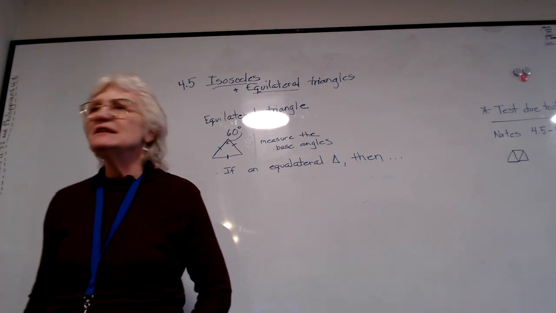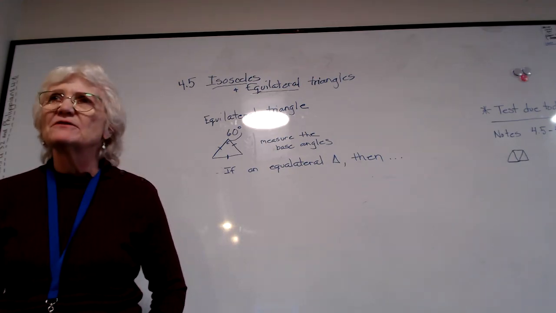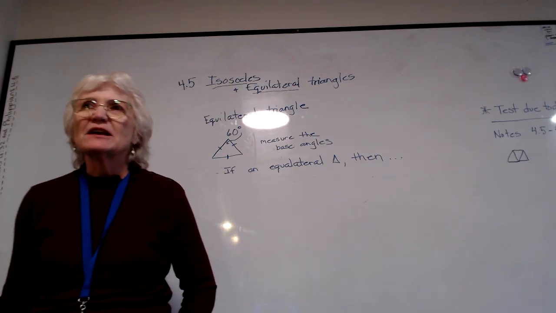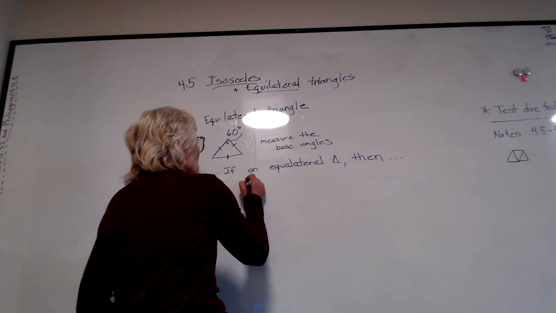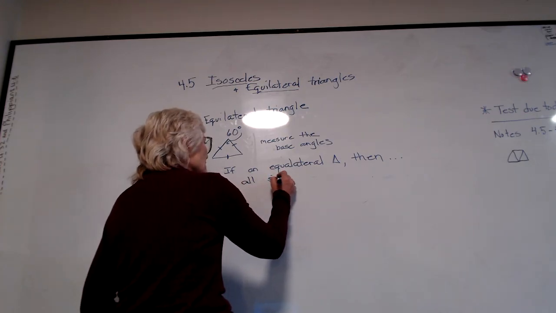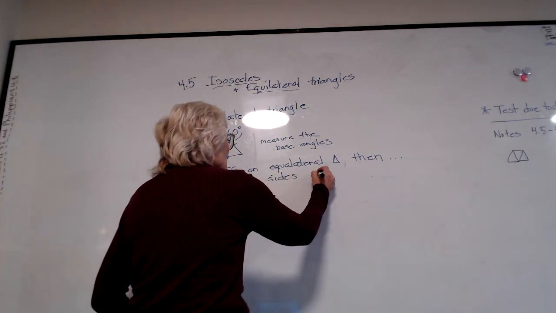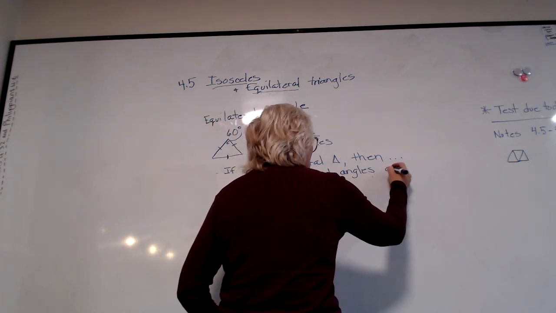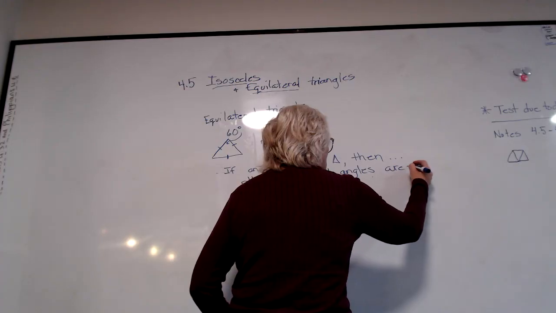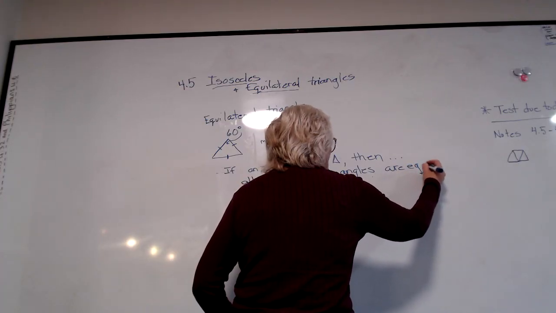Okay, what did we find out? Who would like to tell me what they found out? Jake? All sides and angles are equal. And we can say one other thing.